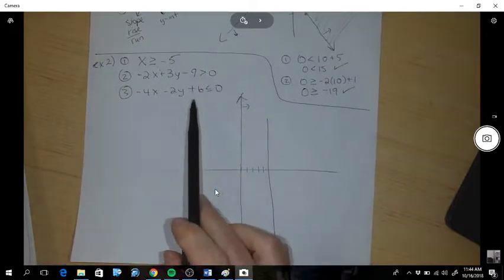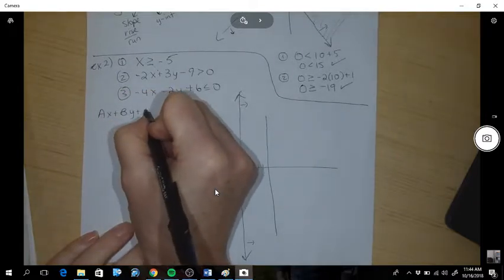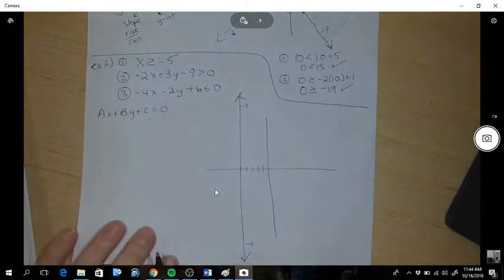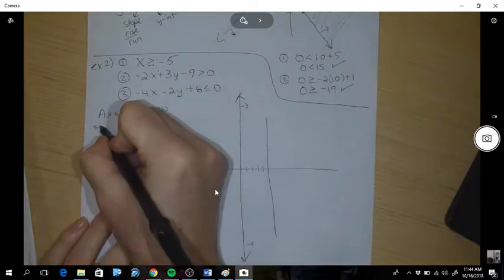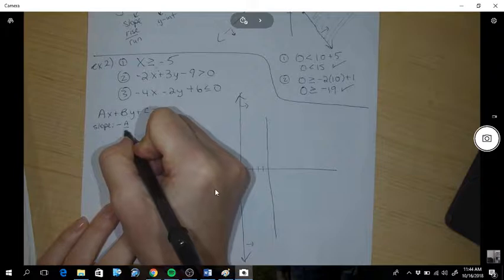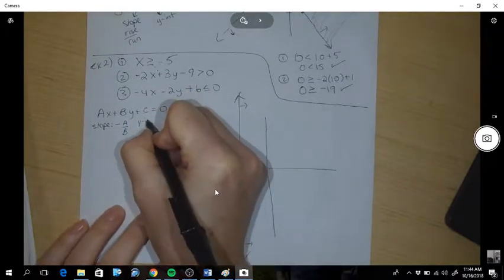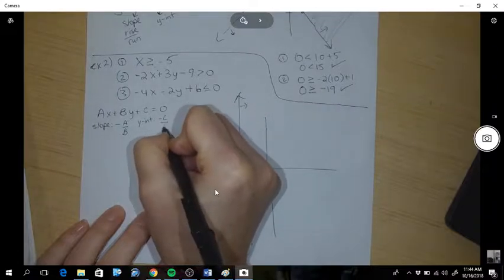Okay, 2 and 3 are given to you in general form. Remember this from last year? You had a little formula to find slope, which was negative a over b. And the y-intercept formula was negative c over b.